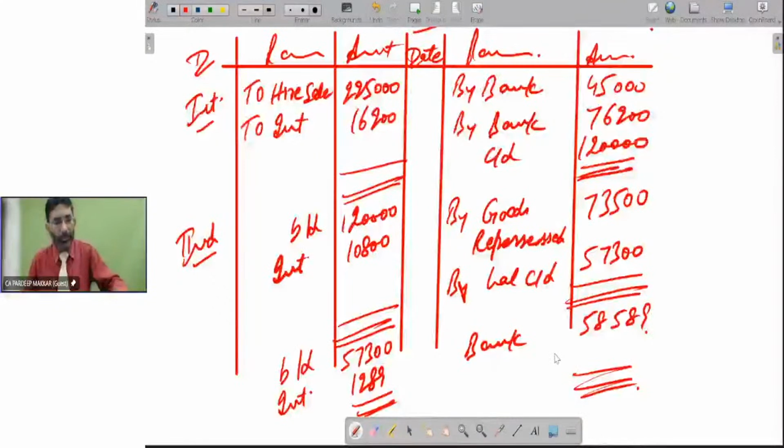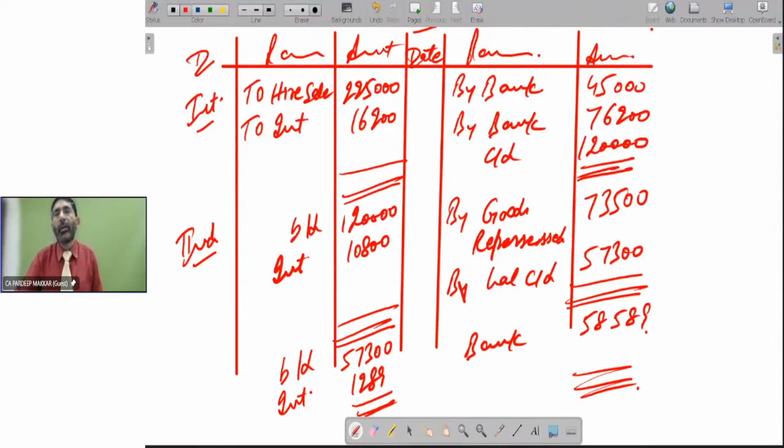That's it. So it's a very simple account. The difficult part of it I'll discuss with you. So once more, balance of super motor in repossession account. Okay, we'll discuss better. So this is simple.